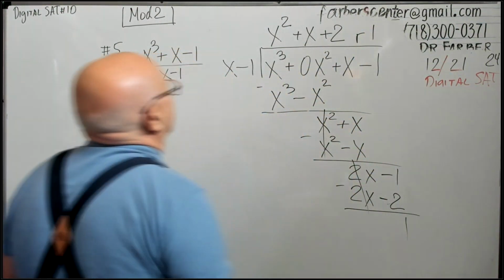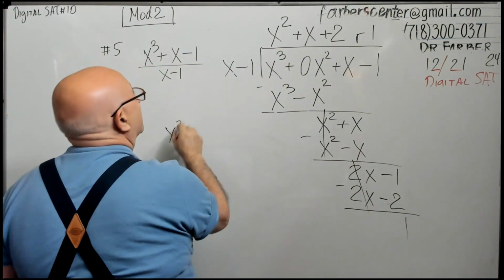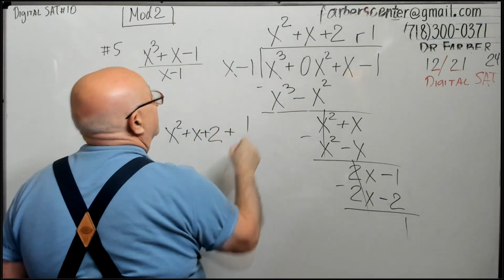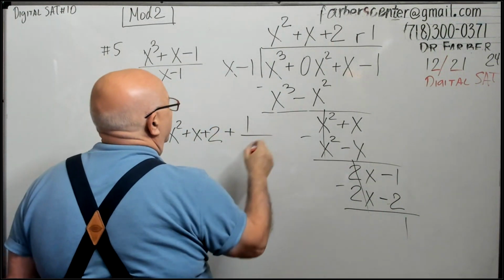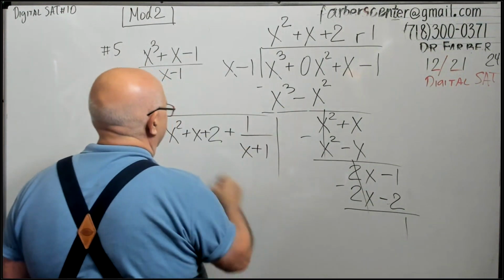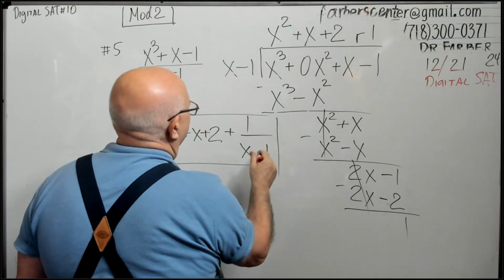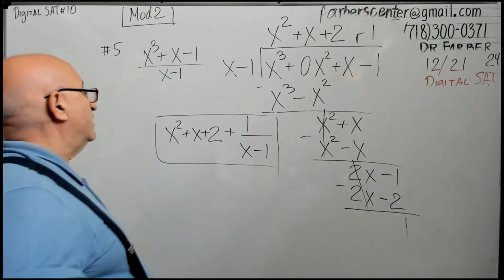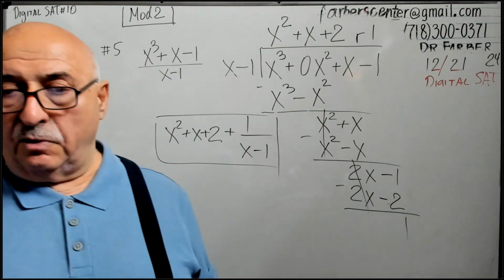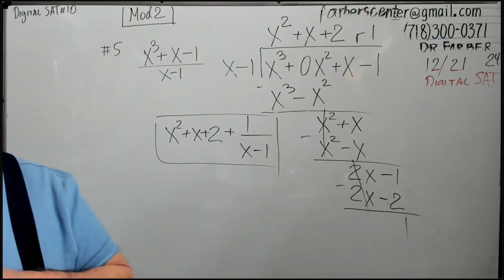Now you can write this: this is your quotient plus remainder divided by the divisor. This will be the answer. Who understands this 100%? 100. Just division. You also study synthetic division, etc. Whatever you're doing is fine.